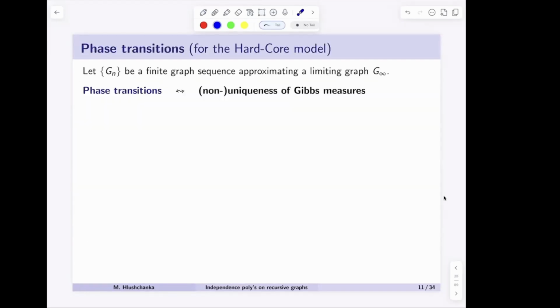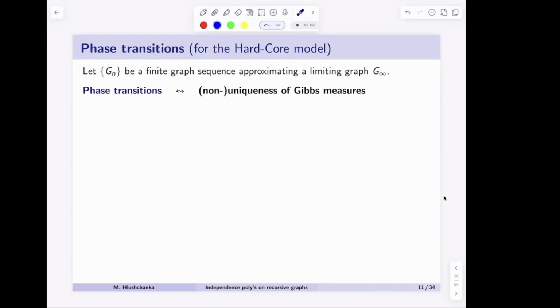But all right, what do we want to discuss? In this talk, we want to relate zeros of the independence polynomials to a physics term which is somewhat vaguely defined, the concept of phase transition. One way to define a phase transition is by looking at the corresponding Gibbs measures.